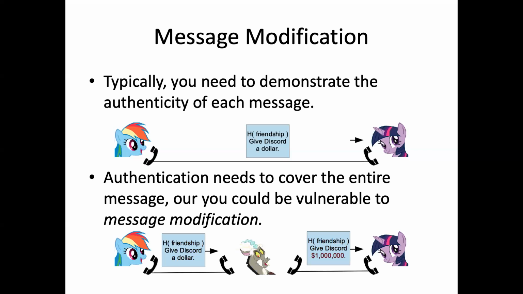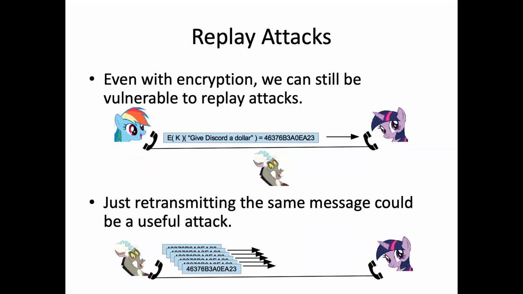An easy fix for this, or sorry, I've got one more thing before the easy fix. Even if they couldn't change the message, a way to prevent this would be to encrypt the messages that you send, so that an attacker, even if they could see the message, couldn't modify it in any reasonable way, because all they see is an encrypted version of that message.